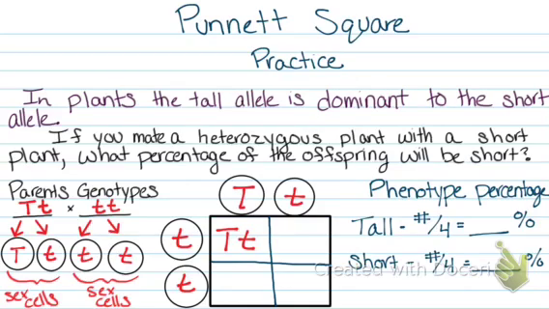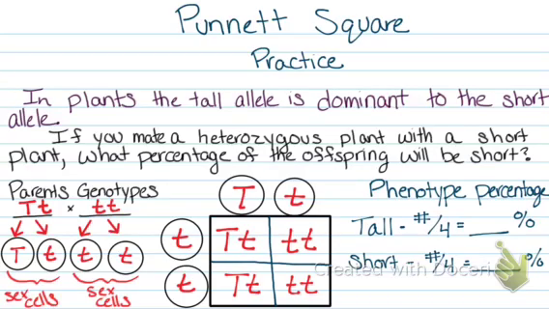The offspring right below also has a capital T from the top and a lowercase t from the sex cell on the side. The third offspring has a little t from up top, a little t from the side, and the last offspring also has a little t from up top and a little t from the side.